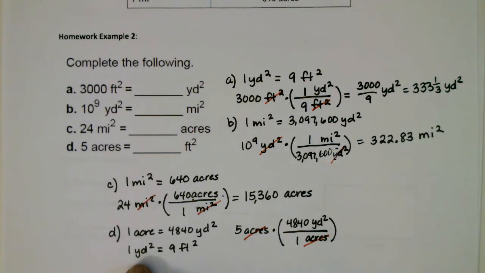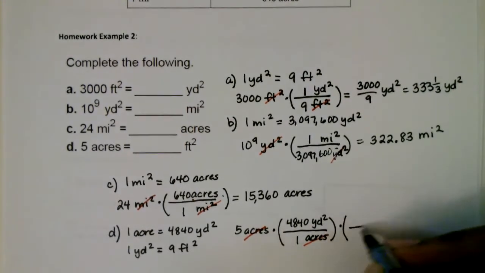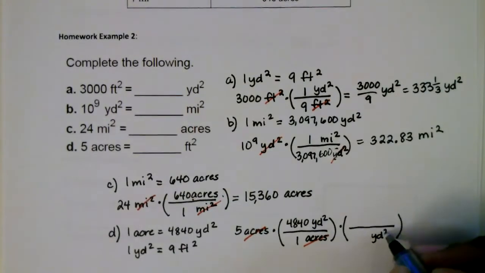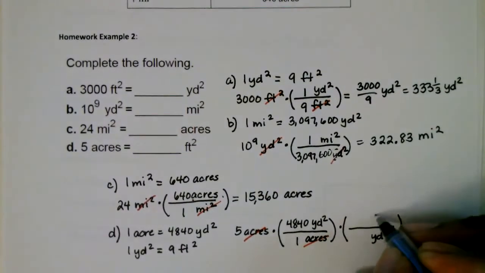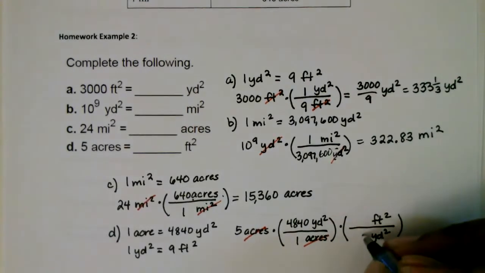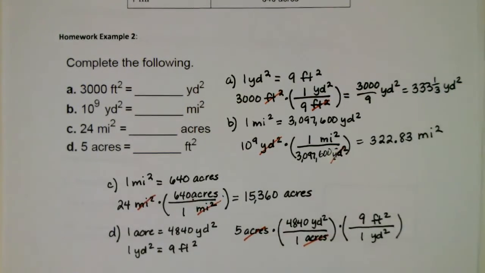Well, using the fact that 1 square yard is equal to 9 square feet, here we're going to multiply, and we're converting from square yards, so that means the square yards goes in the denominator, square feet has to go in the numerator. Well, 1 square yard means the 1 goes in the denominator, and 9 square feet goes in the numerator.